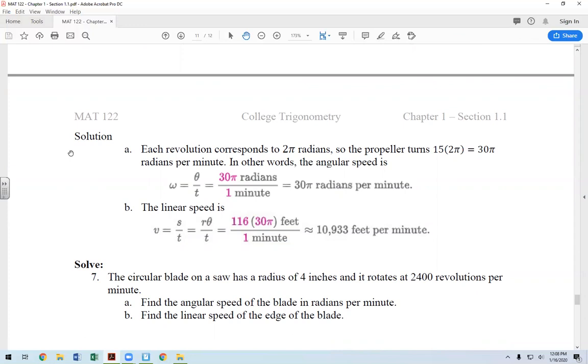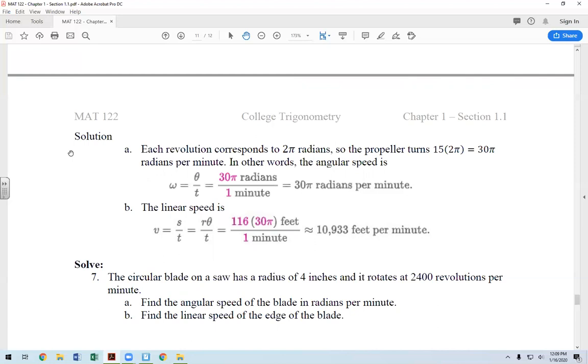And taking that calculation, we can calculate our angular speed. So that's 30 pi divided by time. Revolutions per minute means it's happening per minute, so that's going to be your time. You don't have to figure out the time calculation here. So that actually just comes out to be the same value, 30 pi radians per minute in this case.